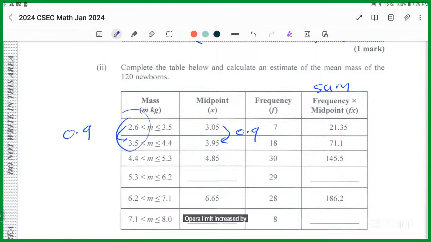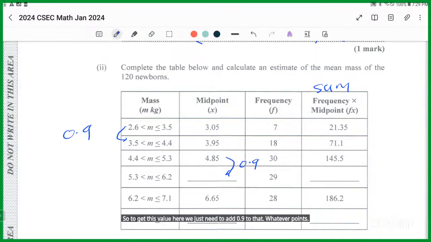These are actually boundaries, increasing by 0.9. So the midpoint values will also increase by 0.9. To get this value here, we just need to add 0.9 to that. 4.85 plus 0.9 is what? 5.75.